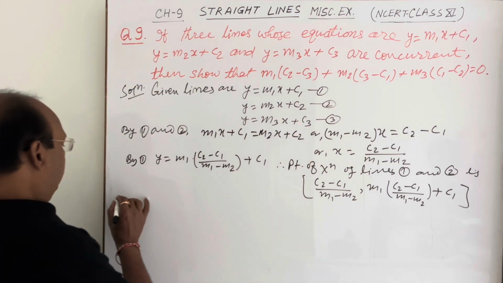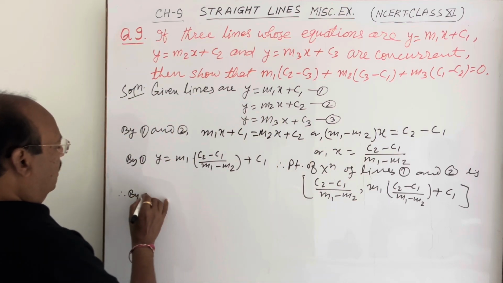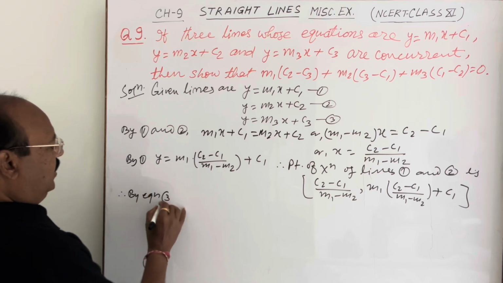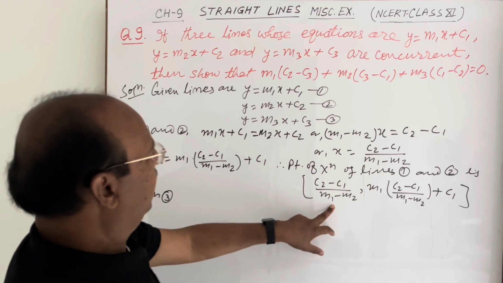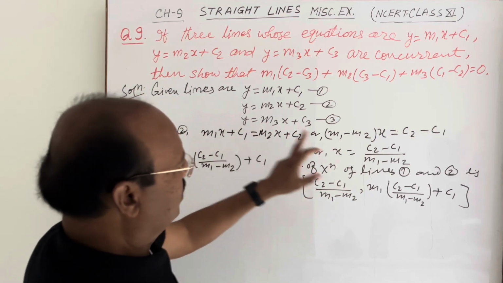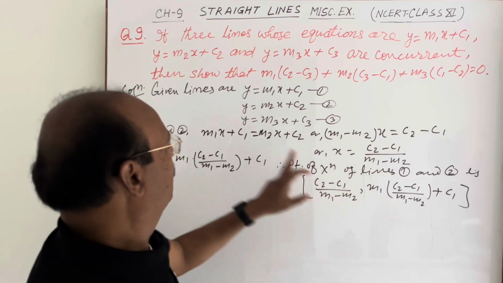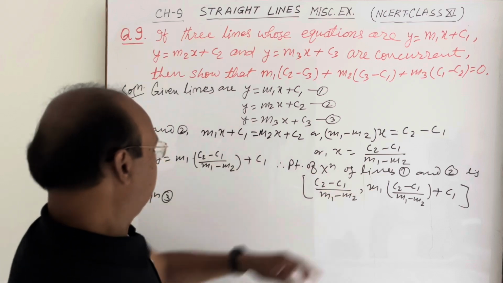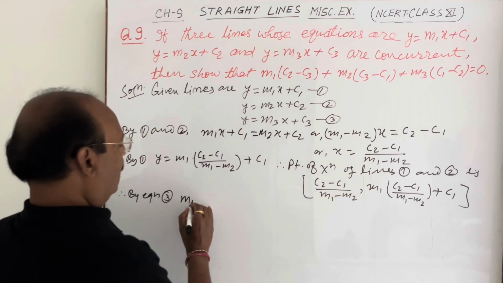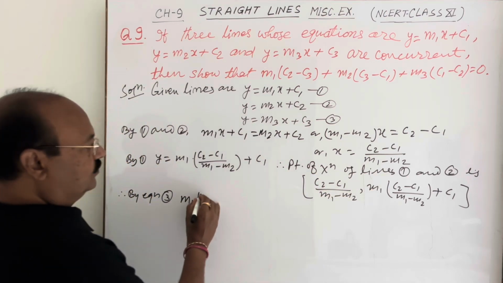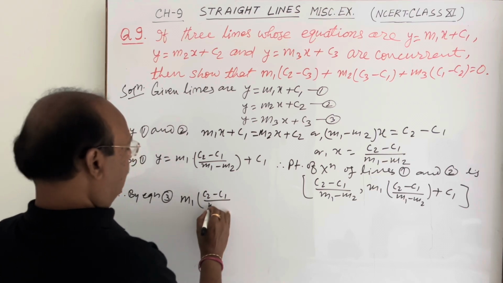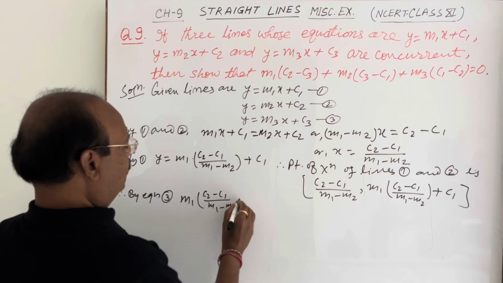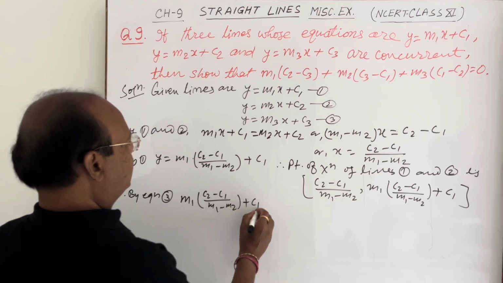Therefore, by equation 3, in place of x we can write this value, and in place of y we can write this value. So y is equal to m1(c2 - c1)/(m1 - m2) + c1.